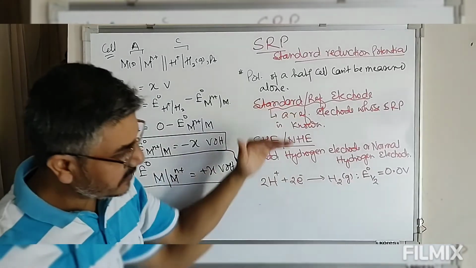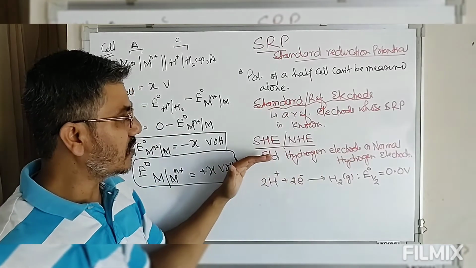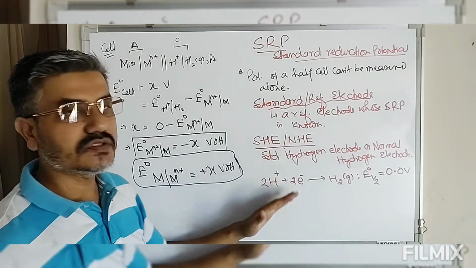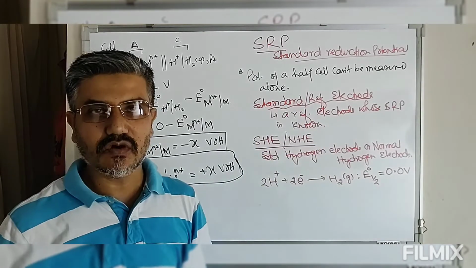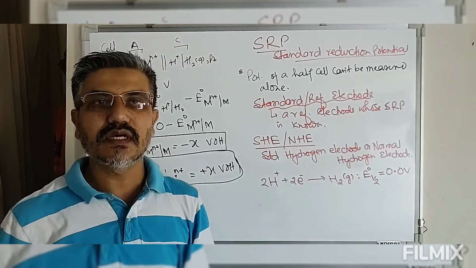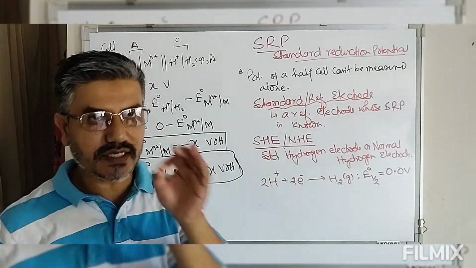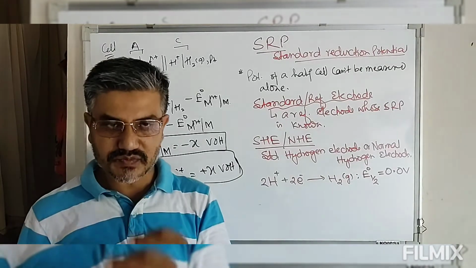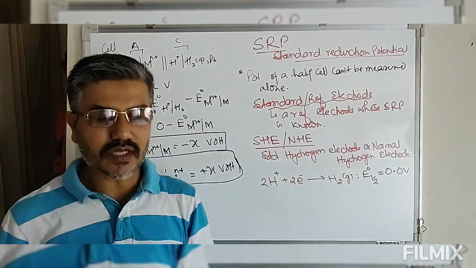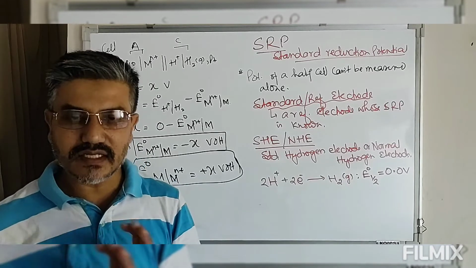By using these standard or normal hydrogen electrode values, we measure the potential of all the available elements or species, and that arrangement of the potentials of all the species is what we call the electrochemical series.